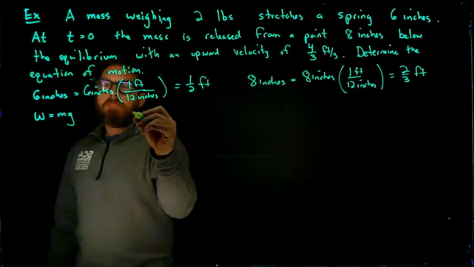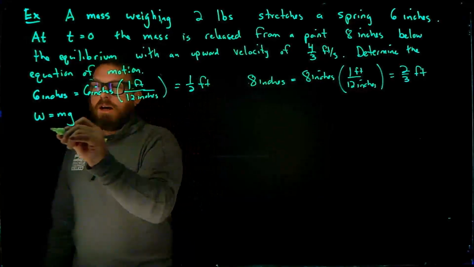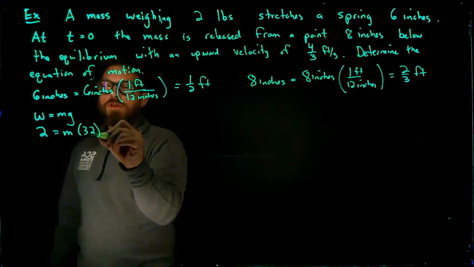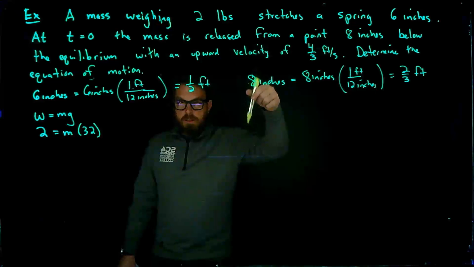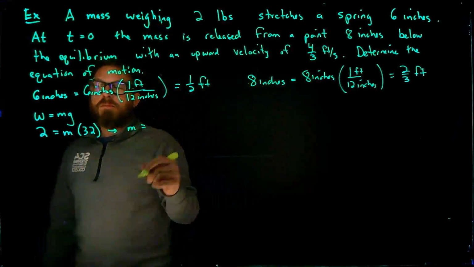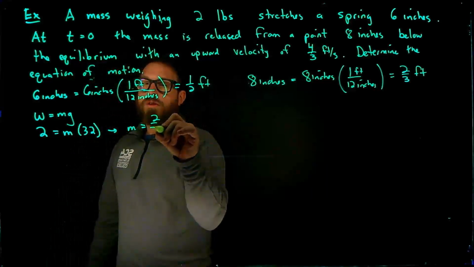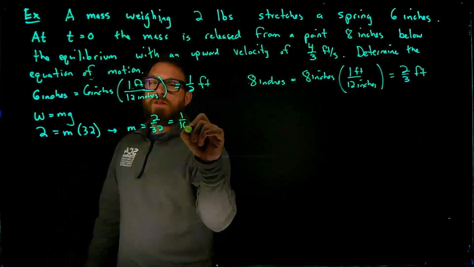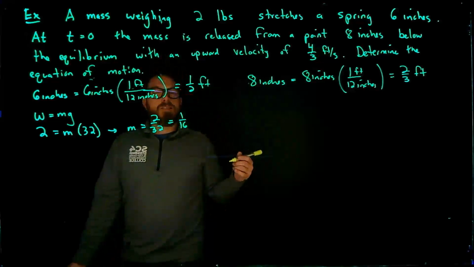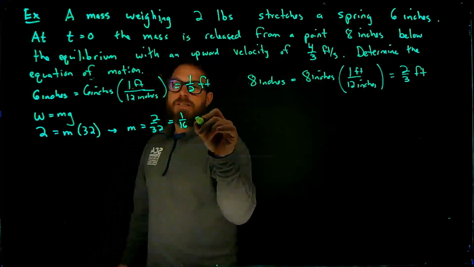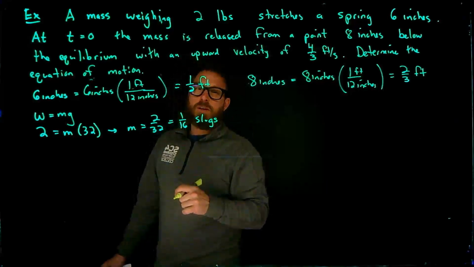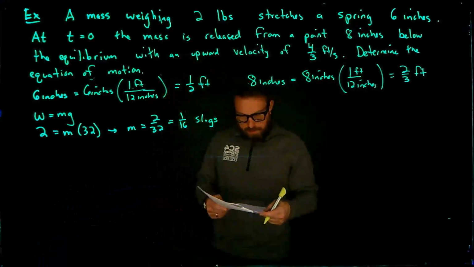So in this case, that 2 is equal to M times the force of gravity, which is going to be 32. Now we got to remember I'm making this positive, that's why it's 32. So then that means that M is going to be equal to 2 over 32, which you'd say 1 over 16. And when we're using feet, seconds, and pounds, this unit for mass is called slugs. Thank you, English system.